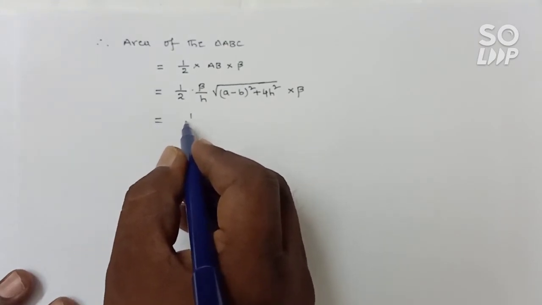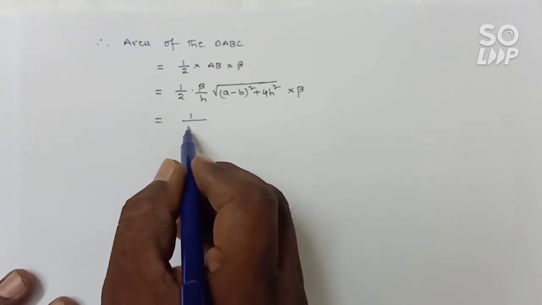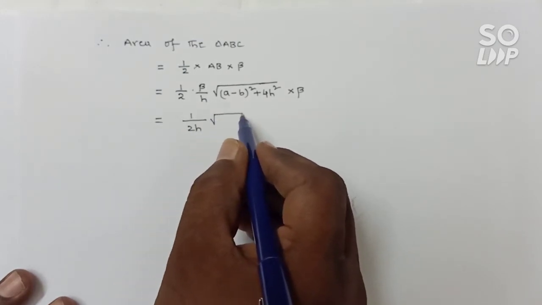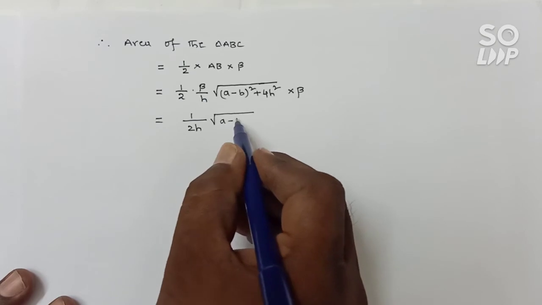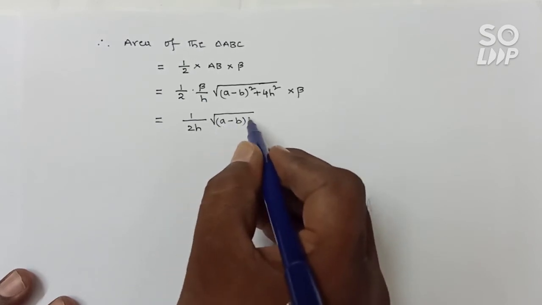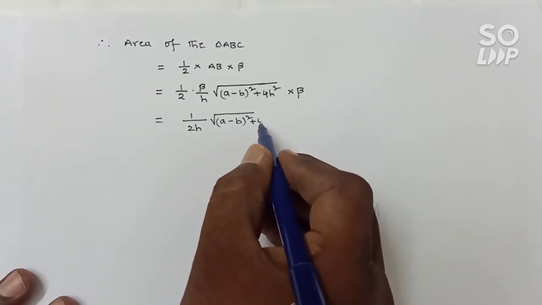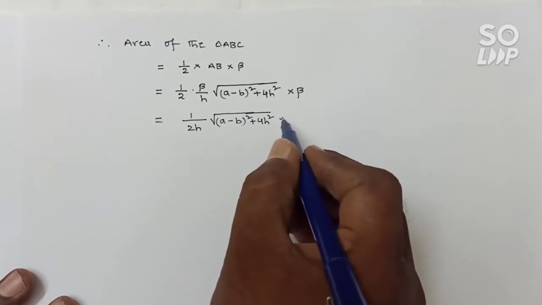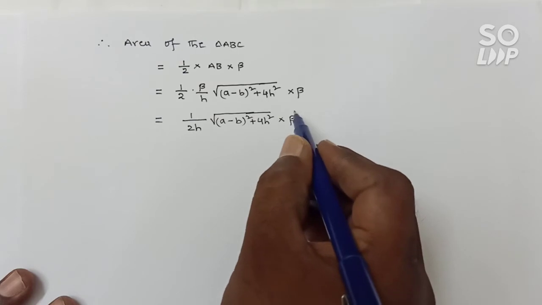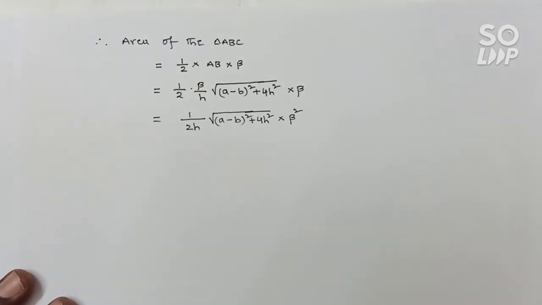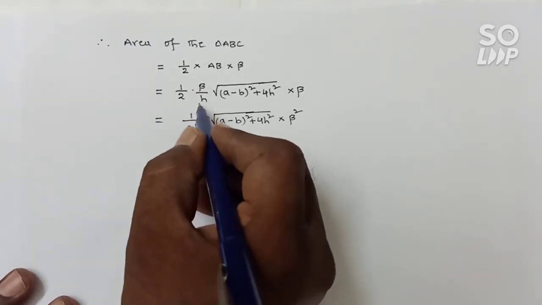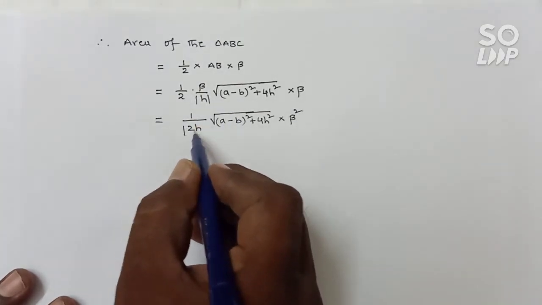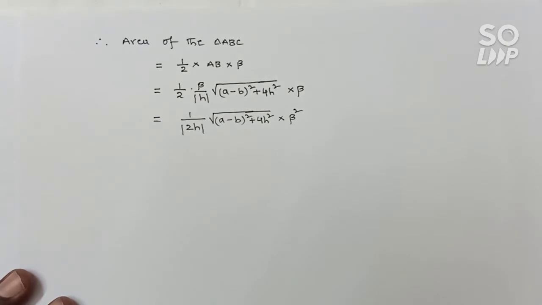This is 1 by 2h into the root of (a minus b) whole square plus 4 into h square, into beta square. Here you take this as the modulus of h, right?